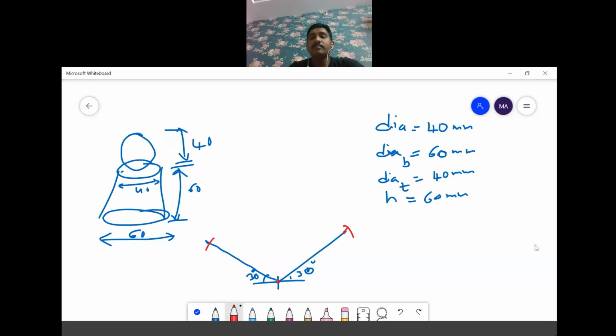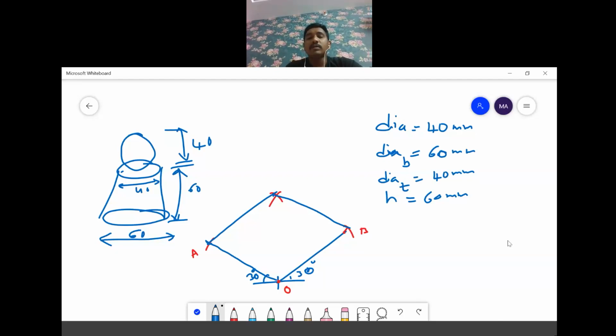Then I will get this point; I will take this point as O, and these points as A and B. Then again I take B as a center, 60 as a radius, and draw an arc here; A as a center, 60 as a radius, and cut the arc here. Then I will join these two. This is the 60 mm sided square I have created.